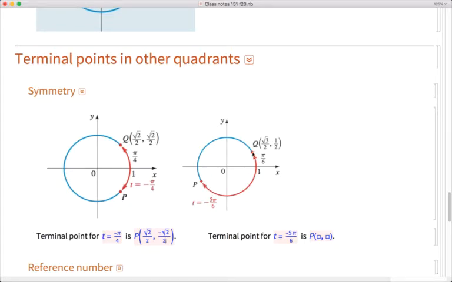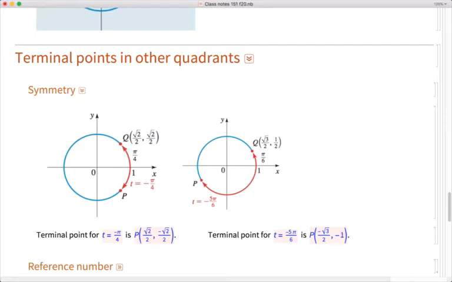So these points are directly across from one another. There's a straight line from P to Q. It would pass right through the origin. And what that means is for the point P, it has the opposite x-coordinate and the opposite y-coordinate. So the terminal point for negative 5 pi over 6 is going to be negative root 3 over 2 comma negative half.